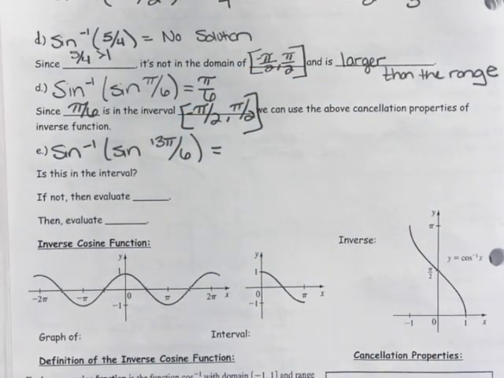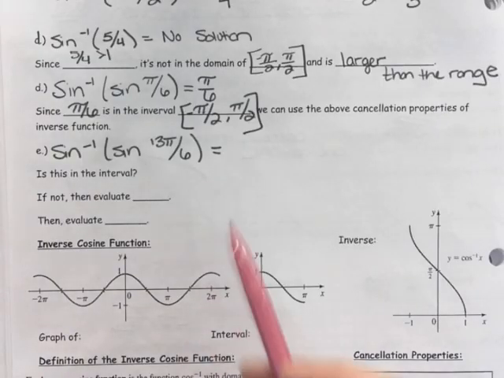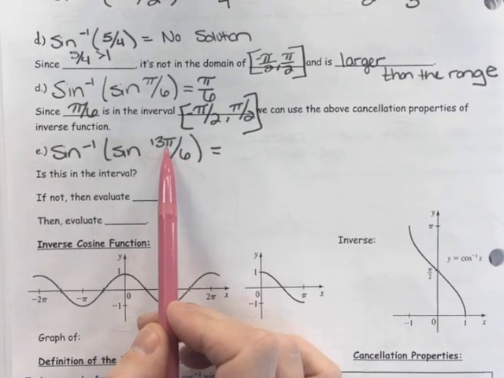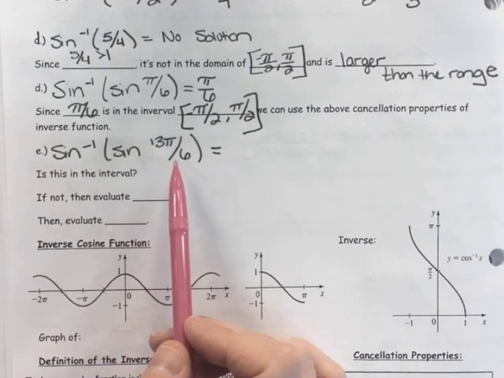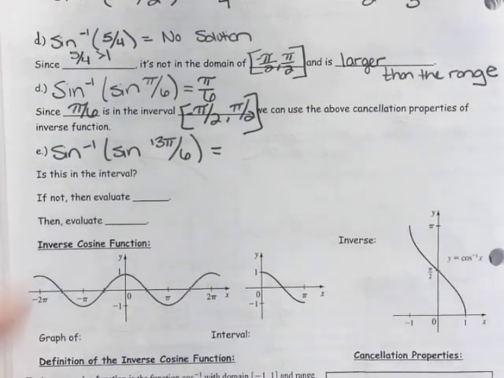All right. Is 13 pi over 6 in my restricted window from negative pi over 2 to pi over 2? No. Okay, let's think about where 13 pi over 6 is. 6 goes in there twice with a remainder of 1, yes? So let's think about where we landed.